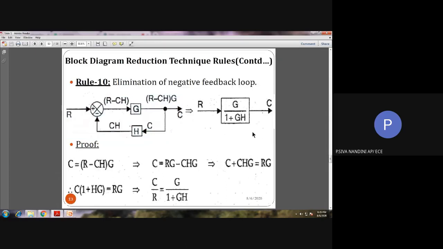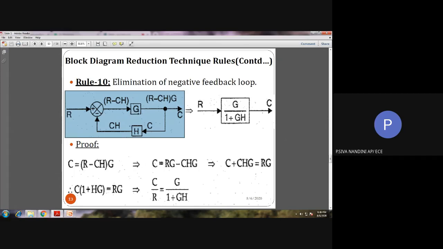Now we shall see rule number 10, which is nothing but the elimination of negative feedback loop. In the previous case itself, we have seen the negative feedback loop system.